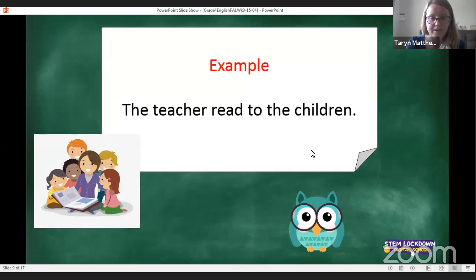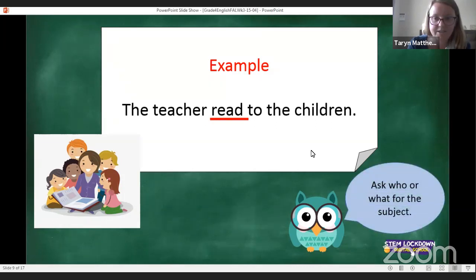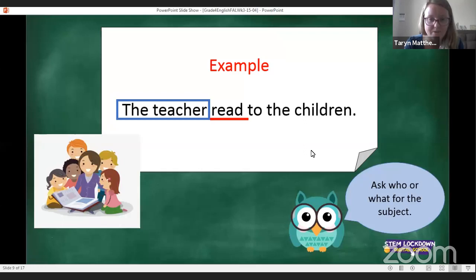So my verb is read. So who is doing the reading? Excellent. It's the teacher. Good job, guys. You're getting it right. Okay, this is an easy one for you. Okay, let's see the next one.